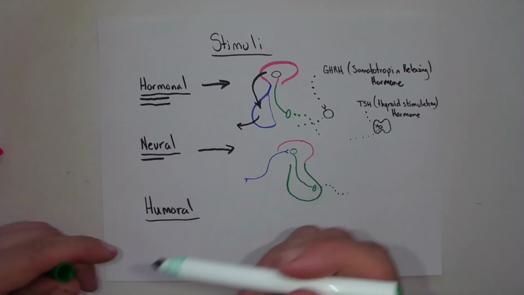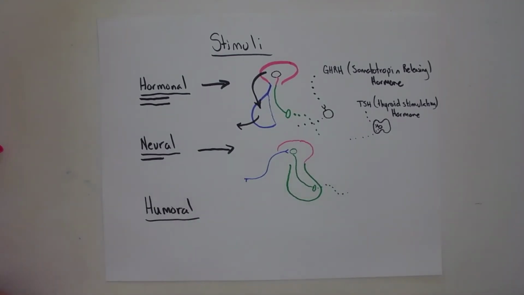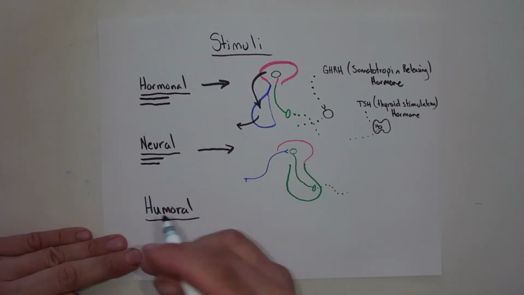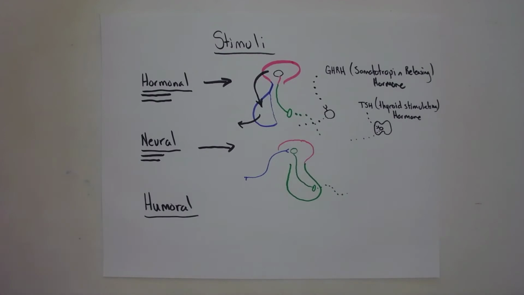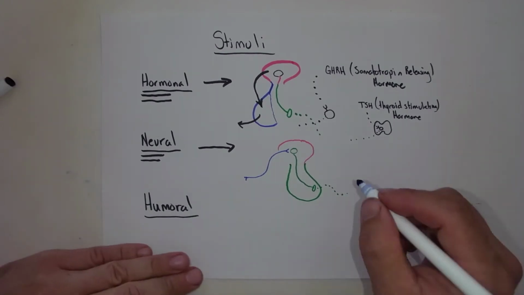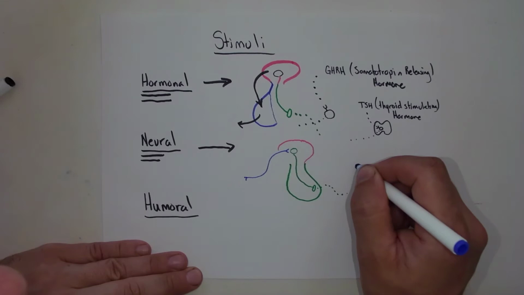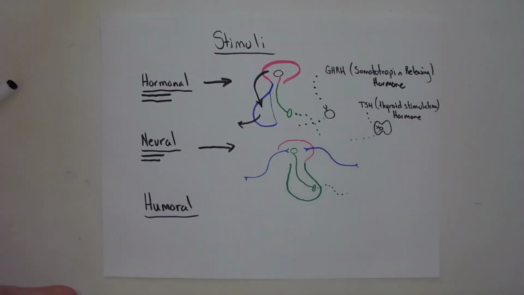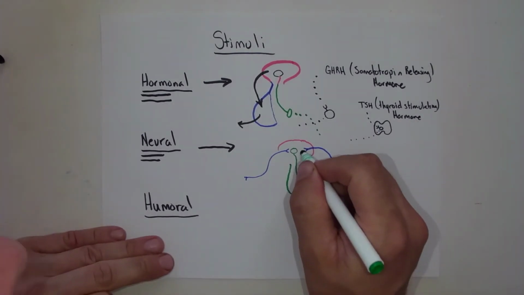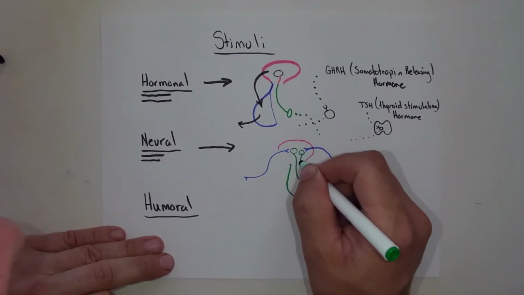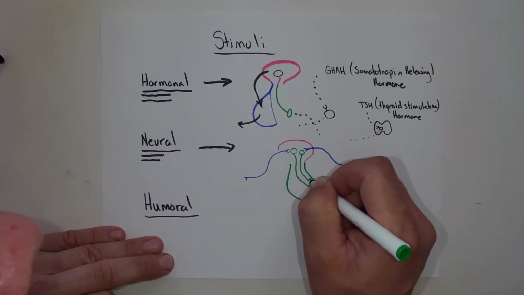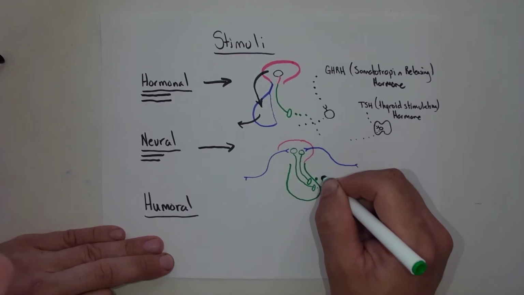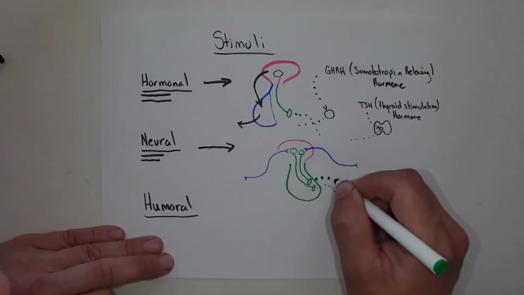There's several other examples of neural stimuli. For example, pain receptors. When pain receptors sense pain, they come in and they synapse on cells of the supraoptic nucleus. And cells of the supraoptic nucleus are going to release antidiuretic hormone, a little different looking hormone than oxytocin.